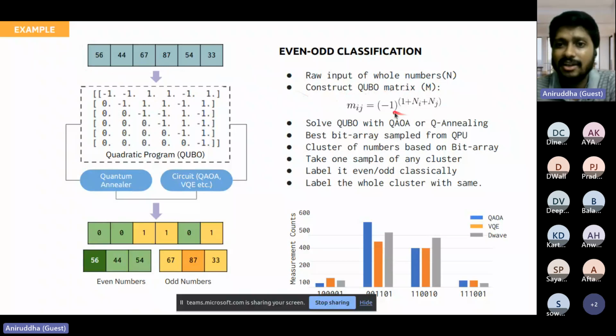Finally, execute a quantum optimization algorithm and get the best bit string, the lowest energy bit string. Because it's a binary classification problem, we'll get bit strings with zeros and ones, and we'll filter out the zeros and the ones based on the position of these elements. So this is the target.